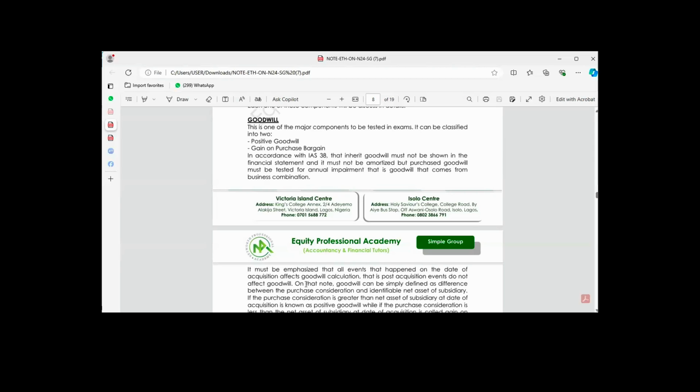Now, it must be emphasized that all events that happen at the date of acquisition affect the goodwill calculation. All events that happen at the date of acquisition must go into the goodwill calculation. Everything.